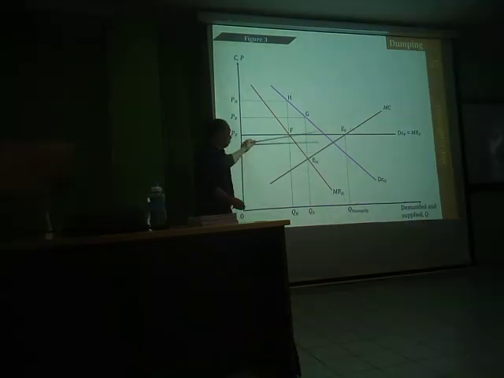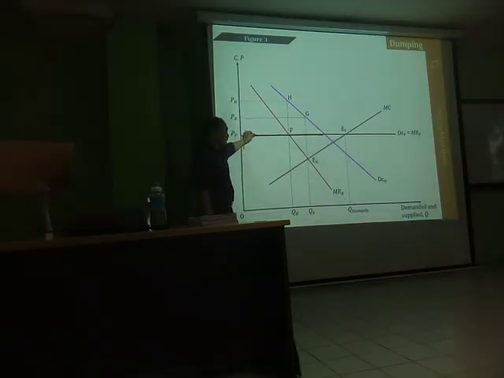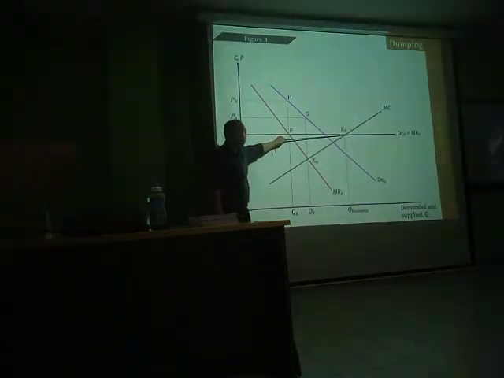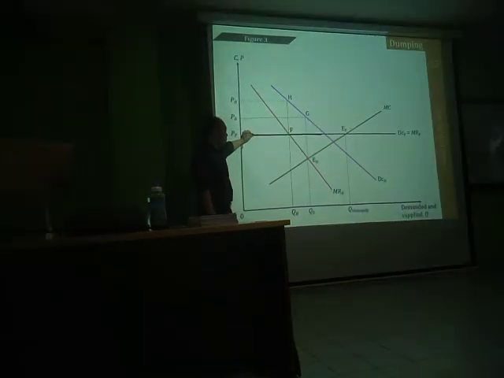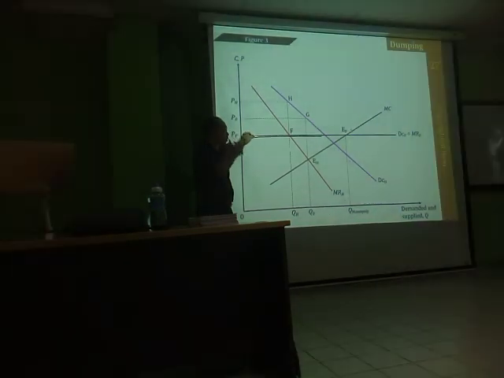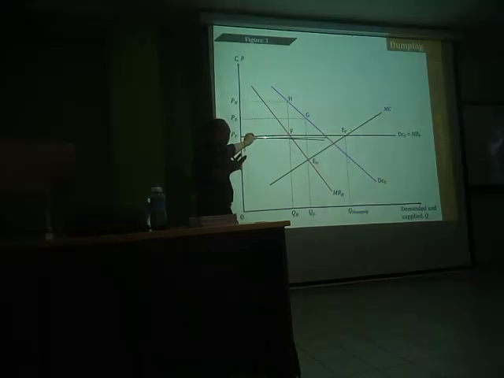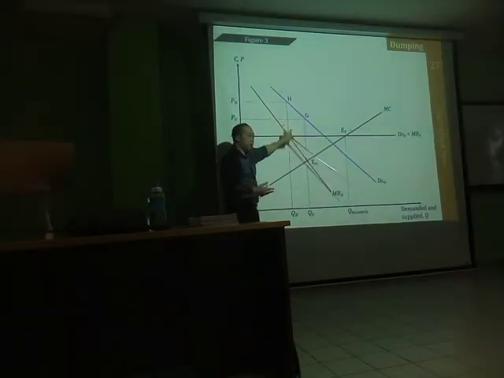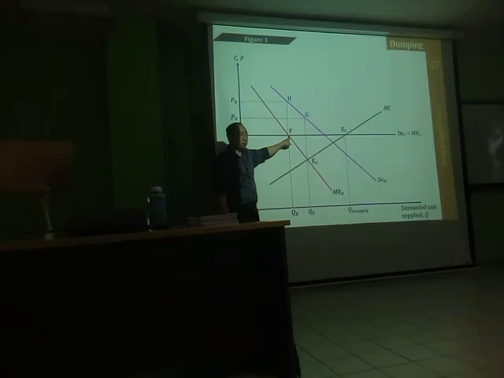Meaning that if this is the international price level, which is equal to MC, this is MC, right? The firm can take this price as MC, and when this MC is equal to MR right here, this is the equilibrium point.